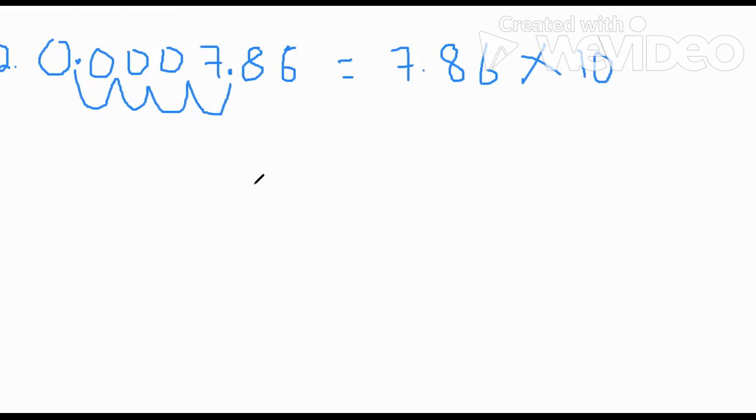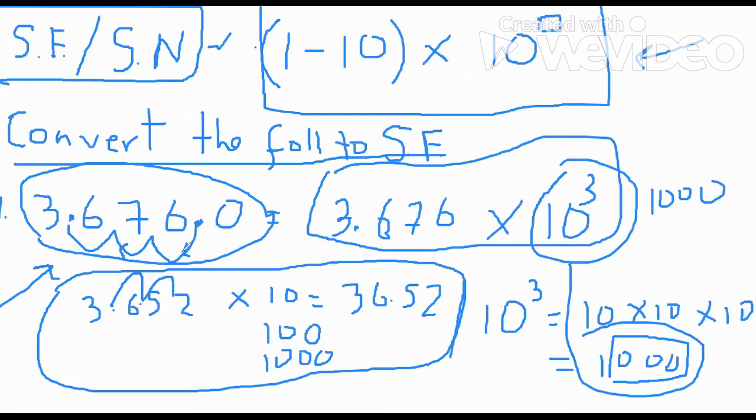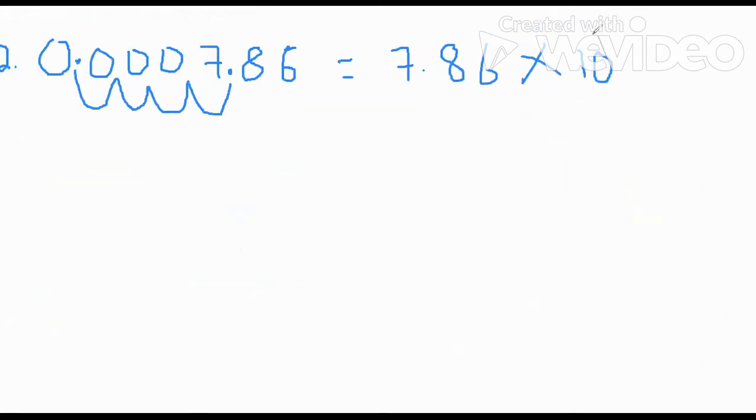A while ago we went to the left, and traditionally going to the left means negative, but in this topic it's positive. So if I go to the right now, technically it will be negative. So it's going to be 10 to the negative 4. That's the answer.